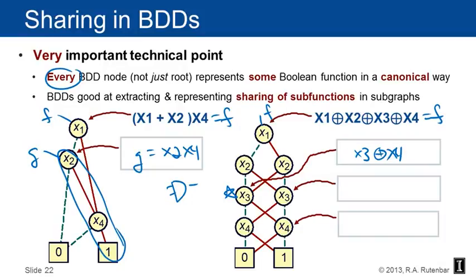The only way you can get to the 1 node is if x3 disagrees with x4, if they have different values. And conversely, the one on the right-hand side of the exclusive or BDD is x3 exclusive nor x4.